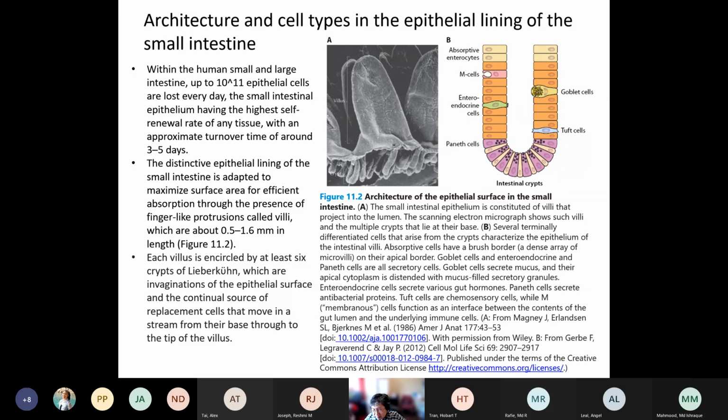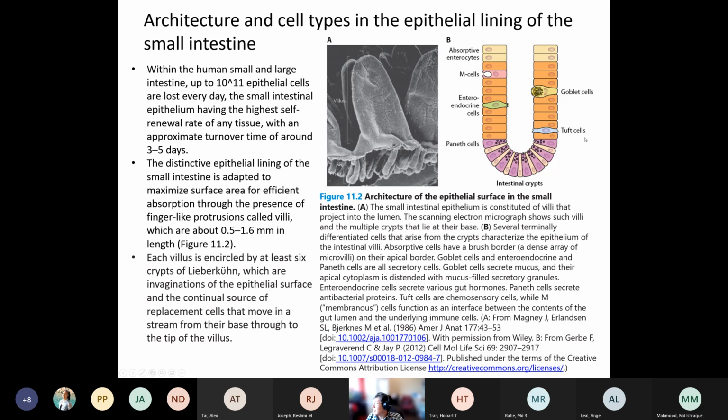They're highly proliferative. While they differentiate, they also amplify the number of cells. Okay, you have additional cell types along the length of the crypt, and some cells are called goblet. The goblet cells secrete mucus into the lumen. That's the function of goblet cells.